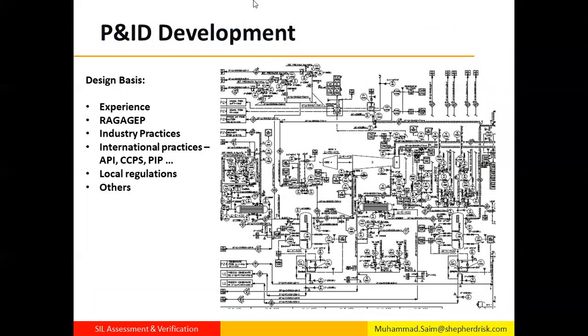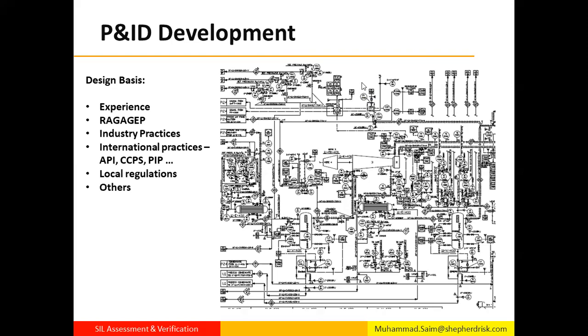Okay, so P&IDs. When process engineers develop these P&IDs, they base their design on their experience, HAZOP gaps, industry practices, international practices, local regulations, and other considerations, which may include operational or maintenance reasons.